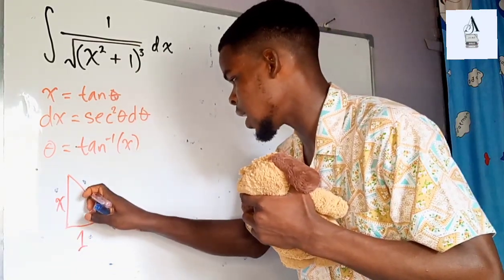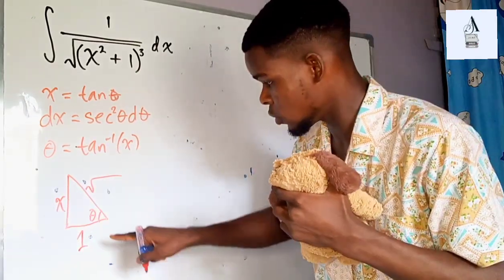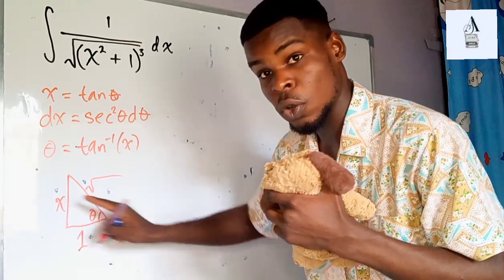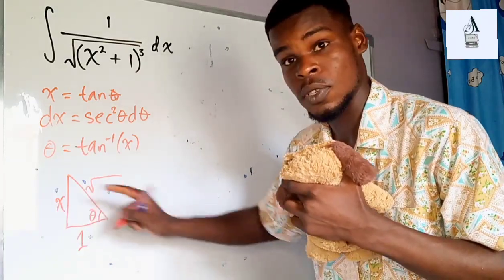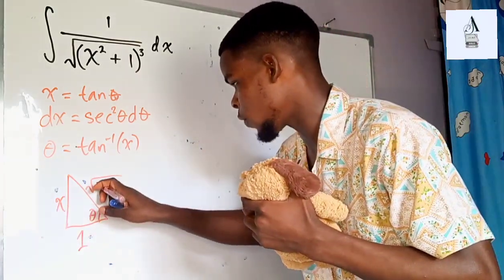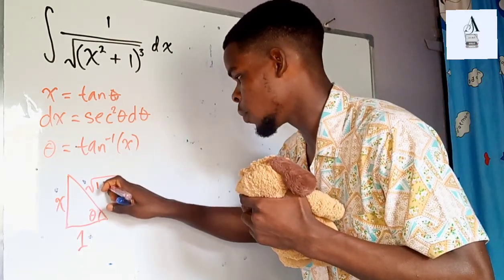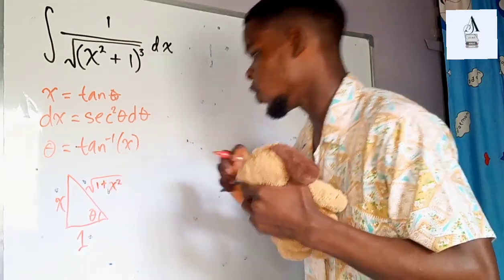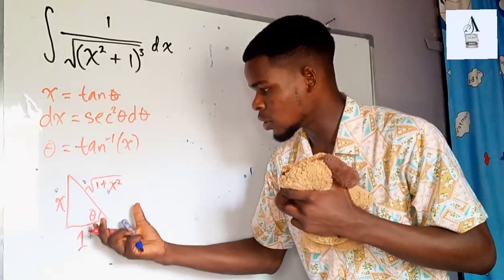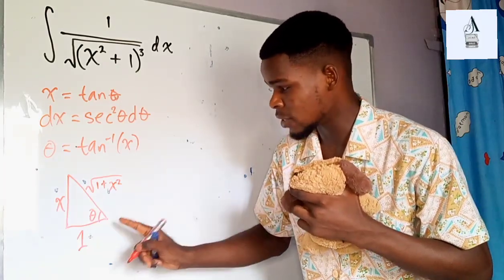And what does that say about the hypotenuse? The hypotenuse is the square root of the sum of the squares of the other two sides, which means 1 squared, which is just 1, plus x squared. So we've gotten that tells us about tangent of theta.